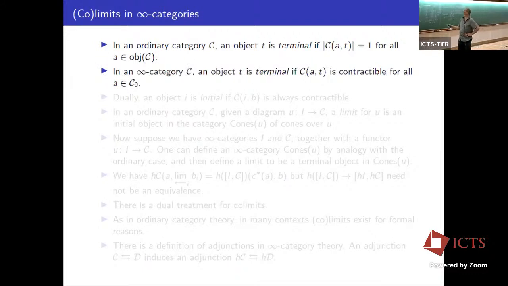In an infinity category, we can make a version of C(A,T) which is a space, and we want to say that T is terminal if C(A,T) is not just a single point but is contractible for every A. So as I said, in infinity category theory, a contractible space is the right notion to generalize what would normally be a point. And then dually, an initial object I should have C(I,B) contractible.